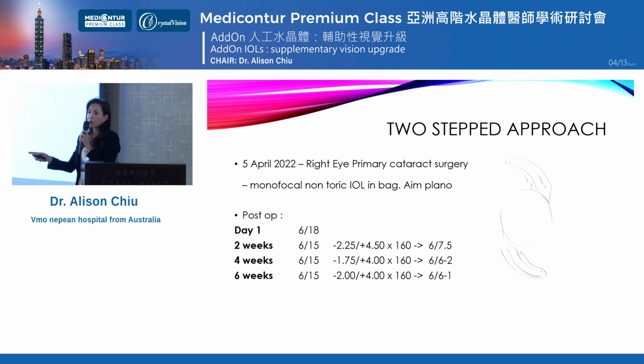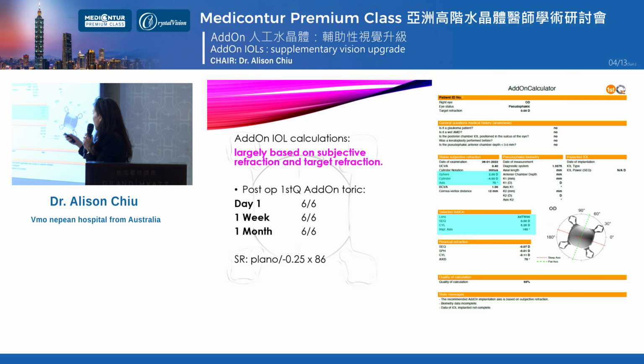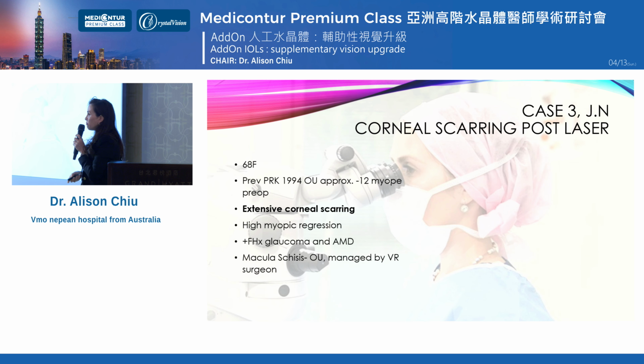So I start at 4 weeks when things usually are stable for our cataract patients, and based on the subjective refraction, then I put an AddOn toric in the sulcus, and we managed, despite that abnormal cornea, to get him to 6/6 with minimal 0.25 diopters of residual cylinder.